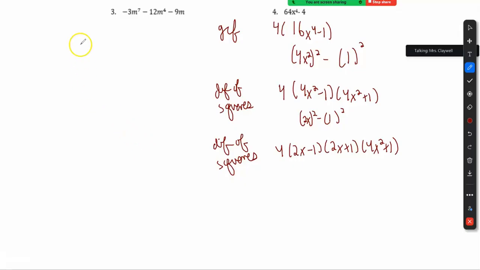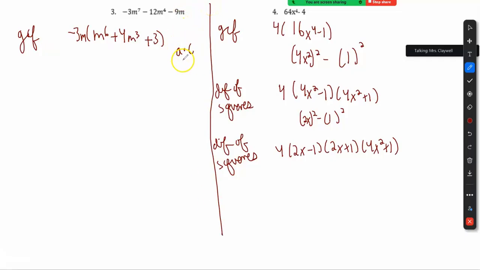Okay, last one is we're trying example 3. I see that they all have a negative 3 in common. So I'd pull out a GCF. And more than a GCF, I can pull out a negative 3m. Okay, and now I can do an ACB tree. What adds to 4 but multiplies to 3 is going to be 3 and 1.